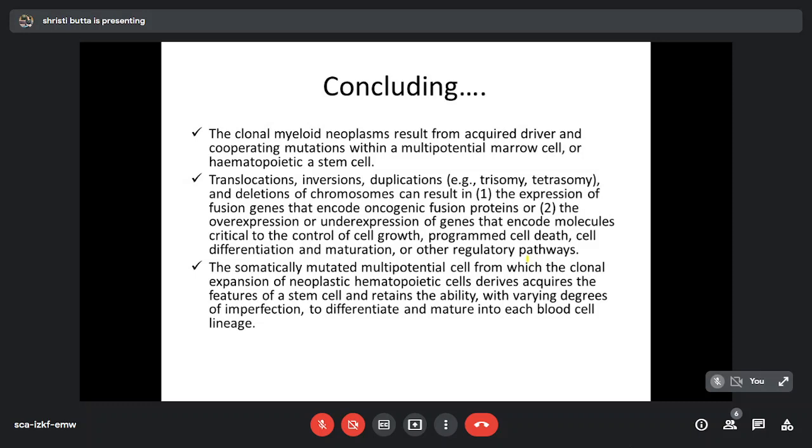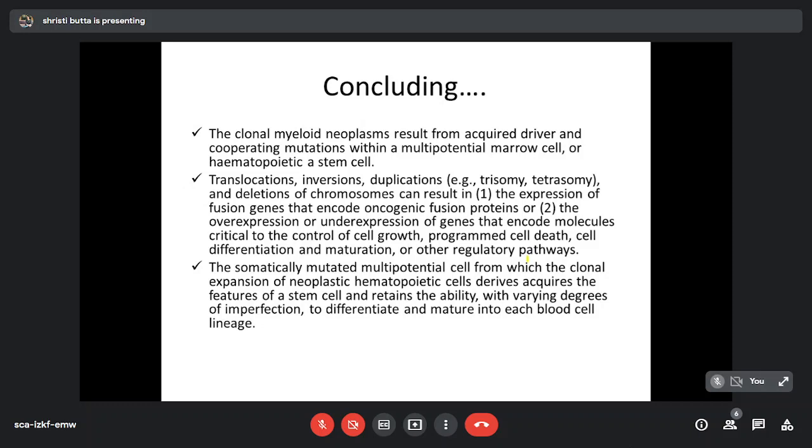Okay, it can also result in the activation of the JAK-STAT pathway and increased transcription and proliferation of the cells of myeloproliferative neoplasms.